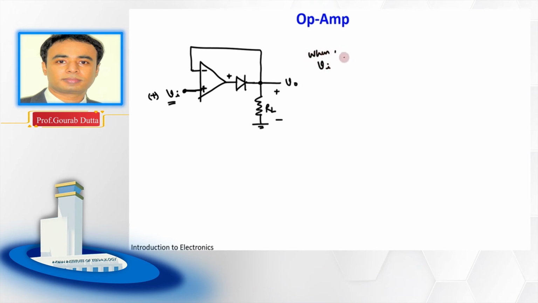So what we can write is that when Vi is positive, and if we say that this internal node voltage is V naught 1, V naught 1 is also positive, and then the feedback path is complete. It will behave as a voltage follower.